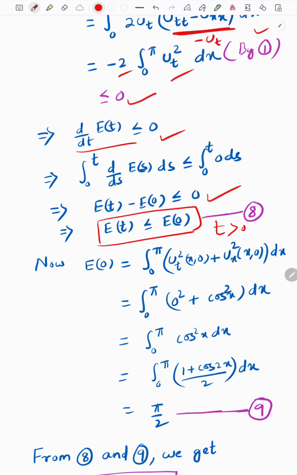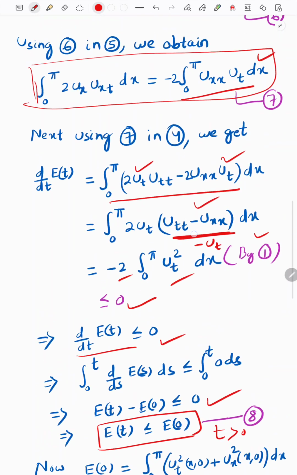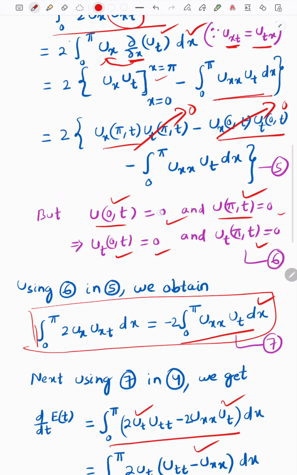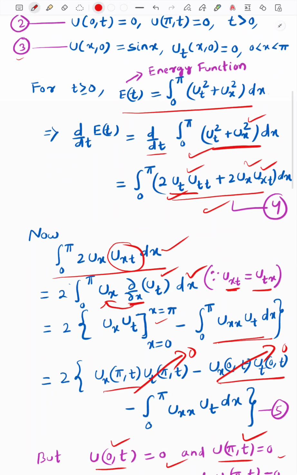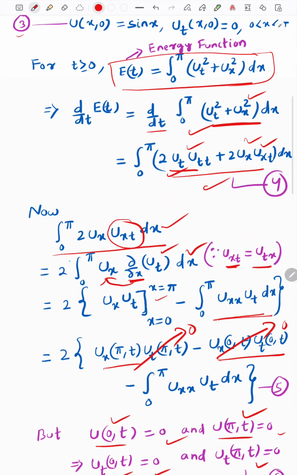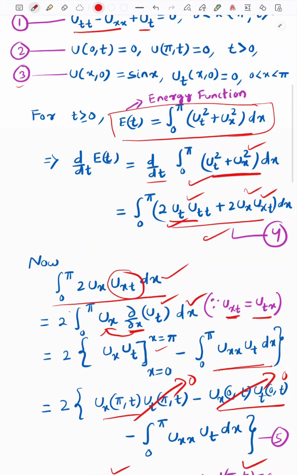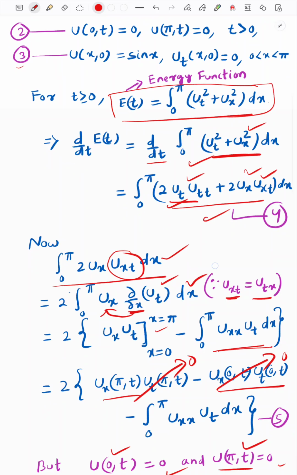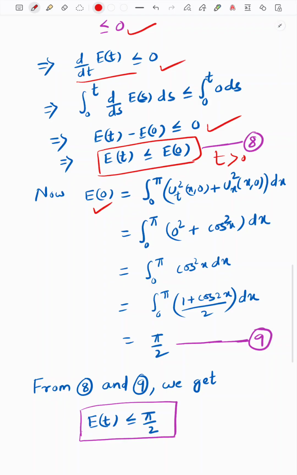But now we will calculate the bound, the value of E(0). The E(0) is equal to what? Because it is defined in this way, it is the definition of it. At time t, if you put t equal to 0 here, then it gives this expression.